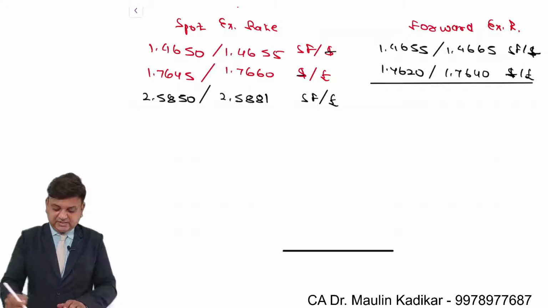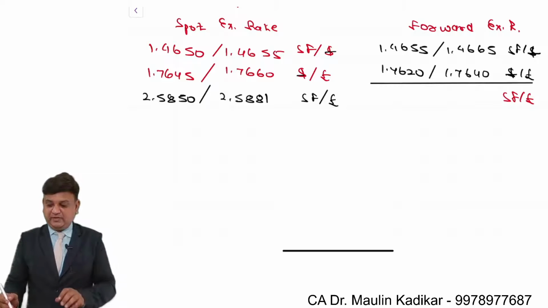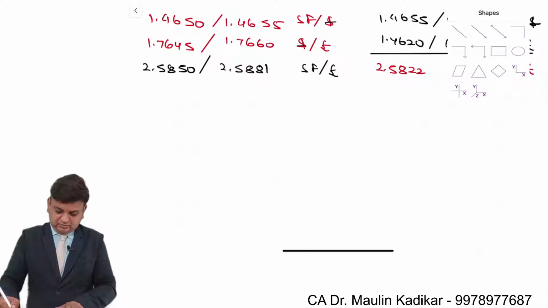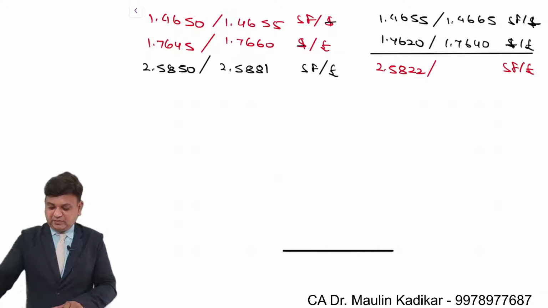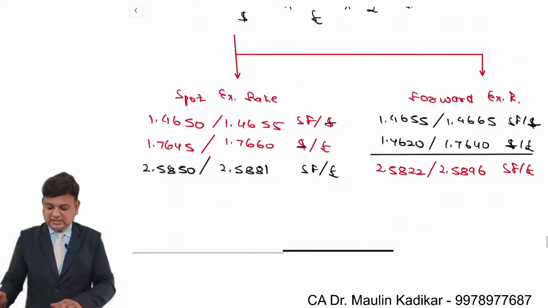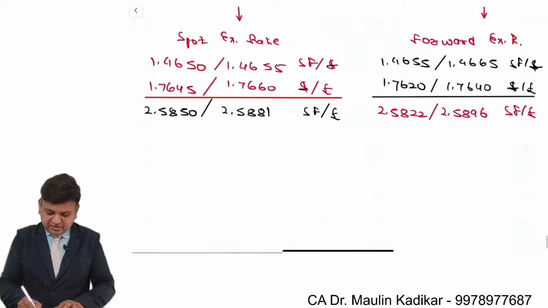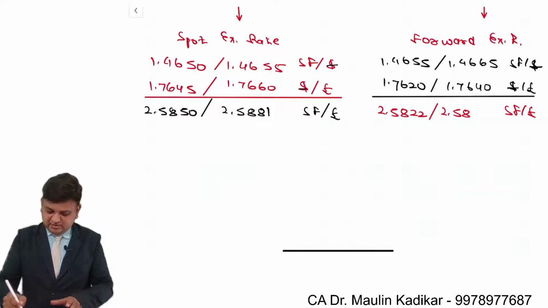So the dollar currency will be cancelled automatically and we'll get the rate as Swiss franc per pound. 1.4655 into 1.7620. So 2.5822 slash 1.4665 into 1.7640. So 2.5896. That is the way the forward exchange rate will be found. Friends, over here it is not 96 but it is 69.